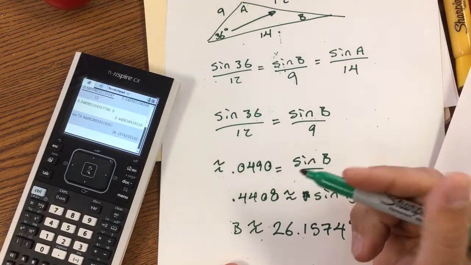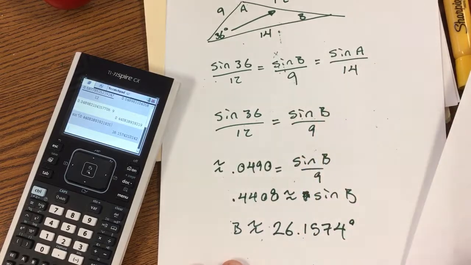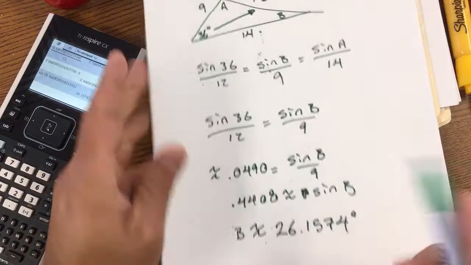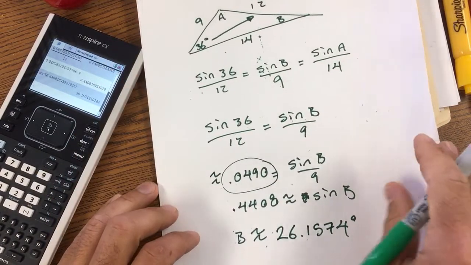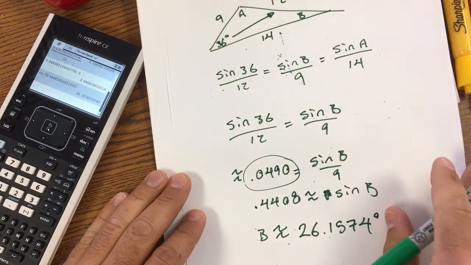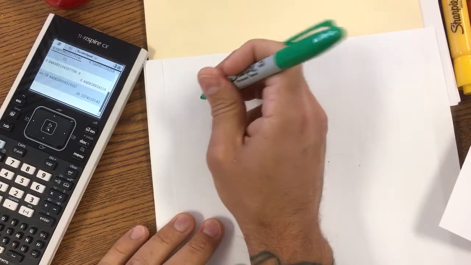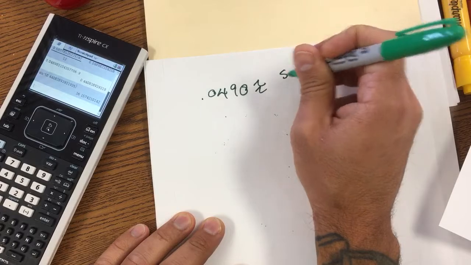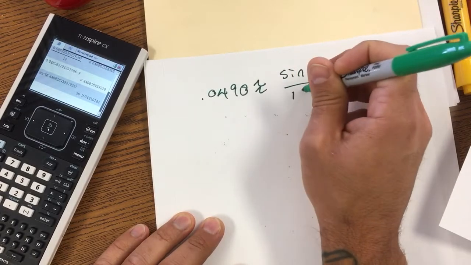I'm going to do the same thing to find A, going through that same process. The sine of 36 divided by 12, I already know equals this, so I don't have to resolve that. So I have 0.0490 is approximately the sine of A over 14.